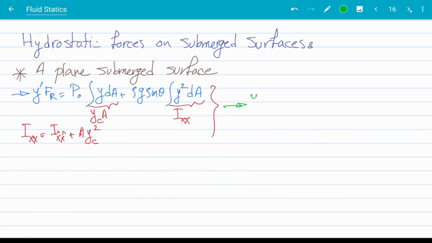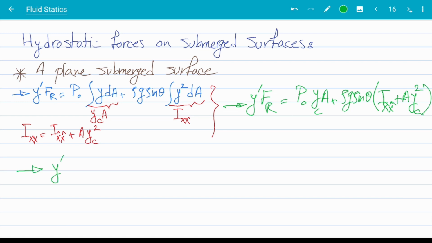So I get y prime Fr, which is the total force, remember, is equal to P0 YC A plus rho g sine theta times the second moment of area about the centroidal x-axis, plus area times yc squared.